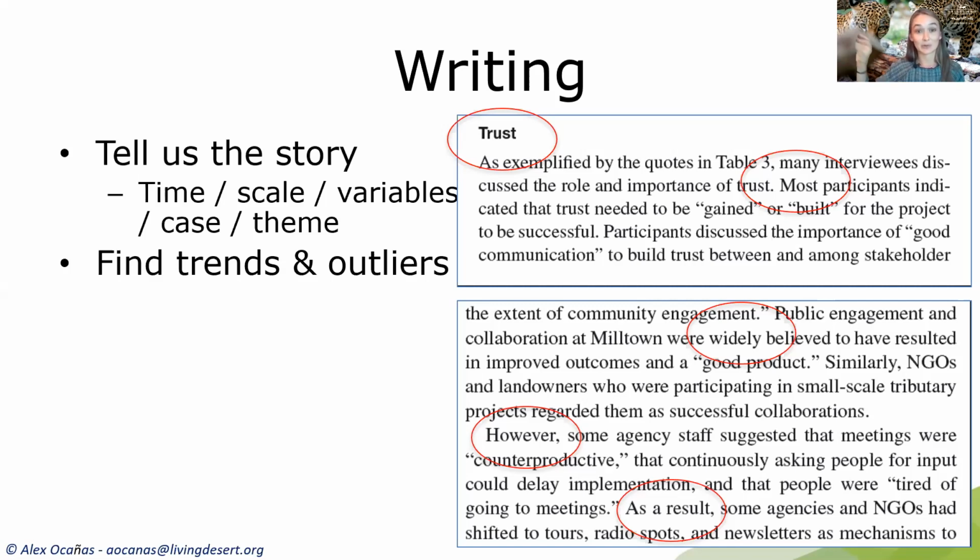We can't just say, oh, 90% of people said this, so that's just one outlier out there, and we're not going to include that in our story. That outlier is actually where something new exists. There's something different going on there, and so it's important for us to consider that and tell that in our story as well.